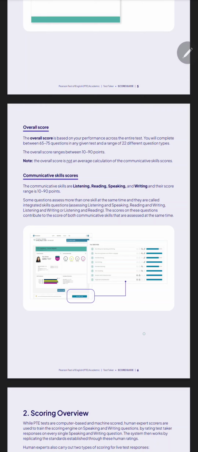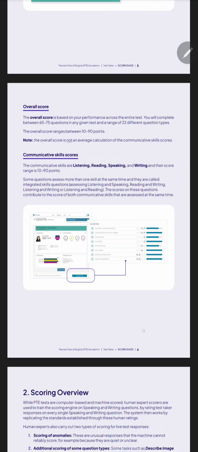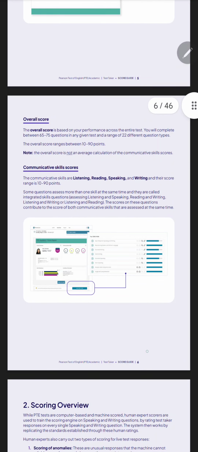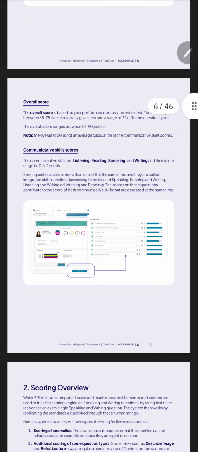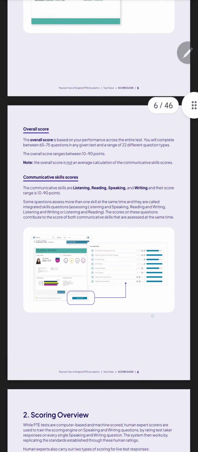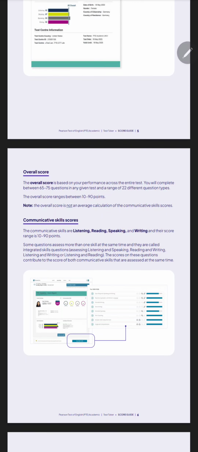The overall score ranges between 10 and 90 points. But the overall score is not an average calculation of the communicative skills scores. So yeah, I don't have any idea of this note's meaning.